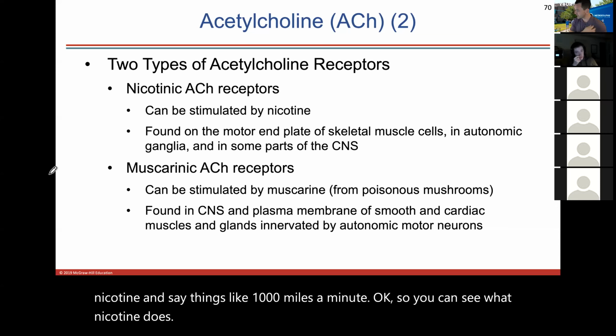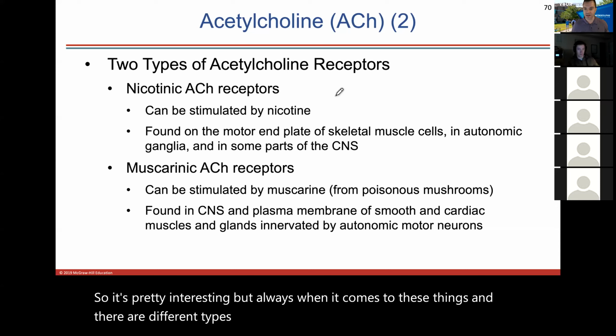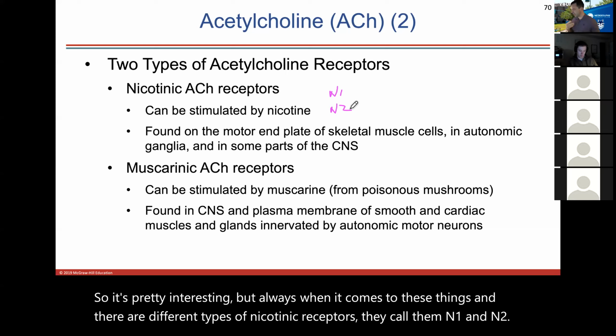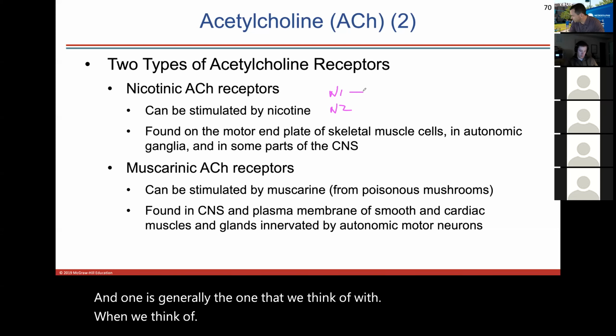There are different types of nicotinic receptors. They call them N1 and N2. N1 is generally the one that we think of with skeletal muscles.